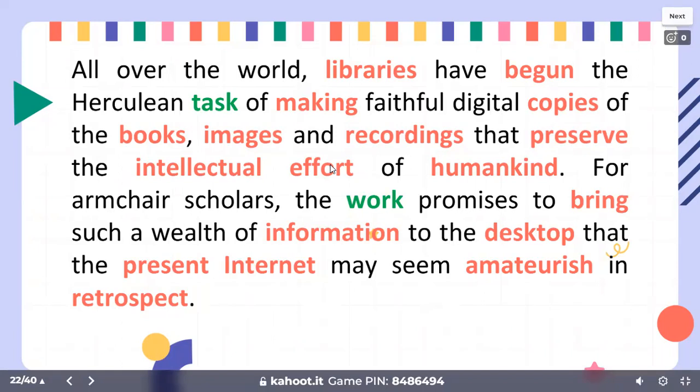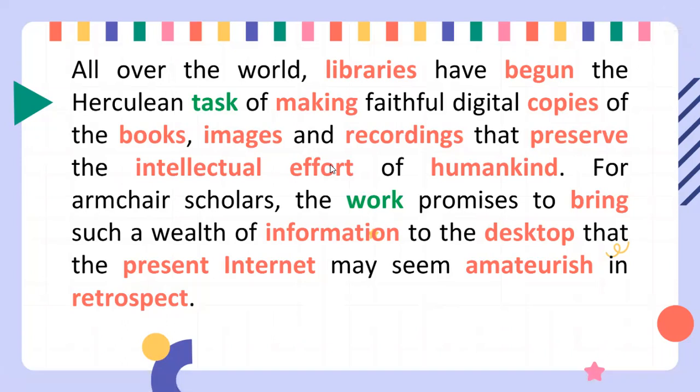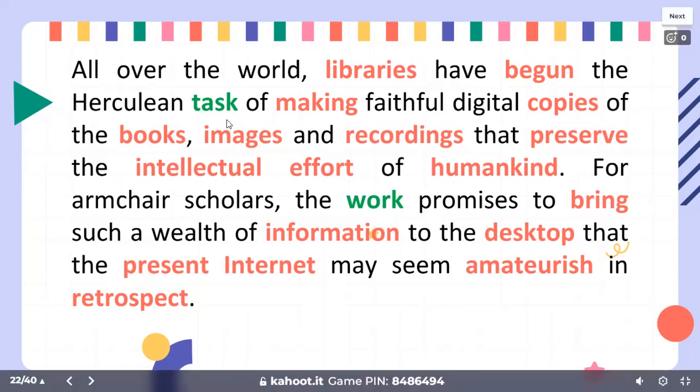So this is a very good way to write something and to avoid repeating the same words over and over again. So one way of doing it is to make use of substitution. Instead of task, here I used work. Great. Now the work is the fact that they are making copies of books, images.